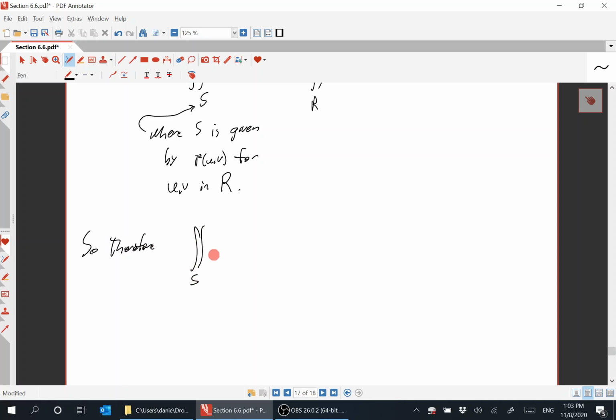the surface integral of F dot n, and this is pretty cool, where S is given by R(u,v), is equal to the double integral over R of F(R(u,v)) dot n, where n is Ru cross Rv over the length of Ru cross Rv.